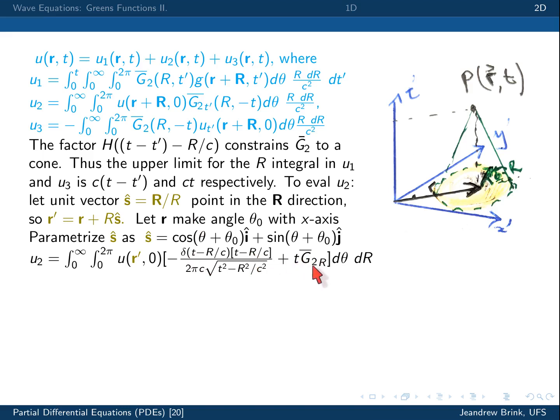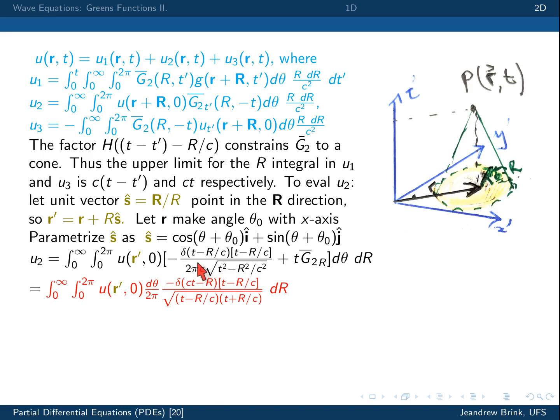Okay, so now I'm going to look at each of these terms and look at their contribution. The first term over here is just a delta function term. So let's look at that. The way to write that one out is simply, I've just expanded this thing below here in terms of basically t minus r over c multiplied by t plus r over c.